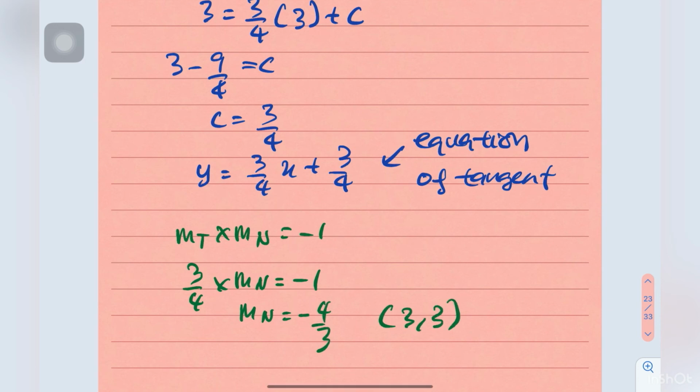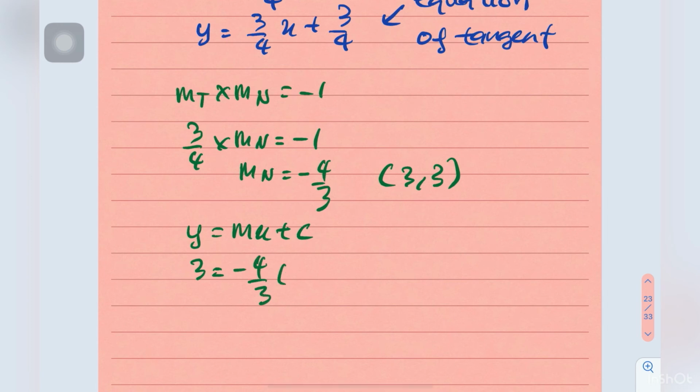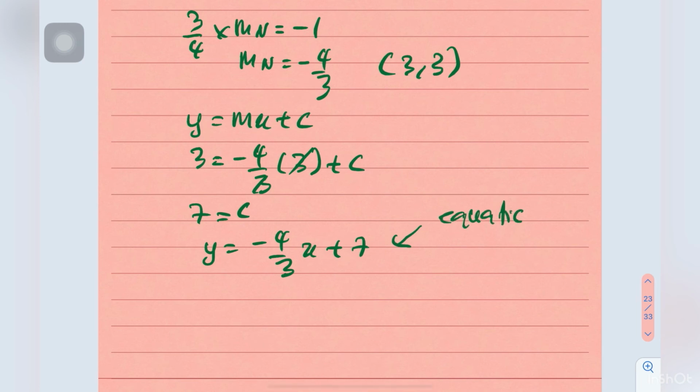Into 3, 3, y equals mx plus c. y is 3, m is negative 4 over 3, x is 3, plus c. So then c equals 7. Therefore, equation of normal: y equals negative 4 over 3 x plus 7. This is equation of normal.